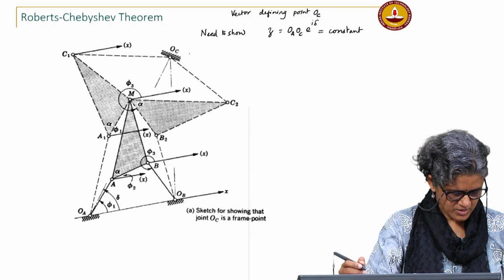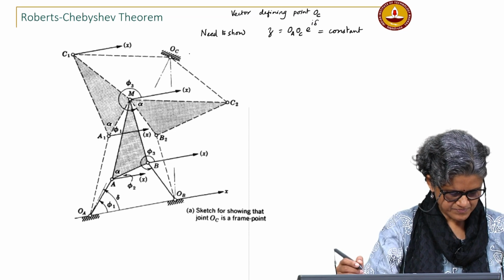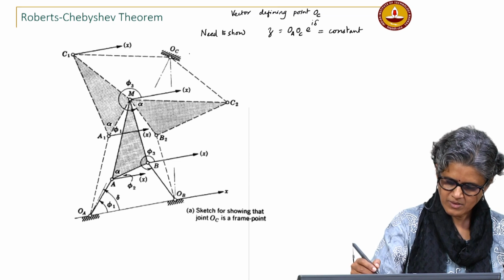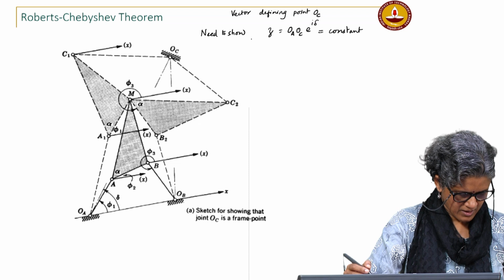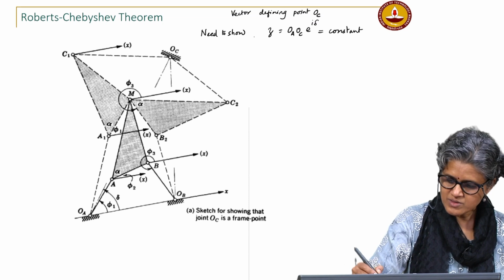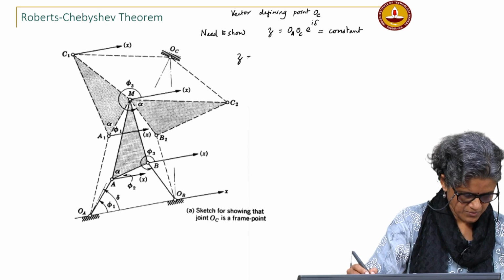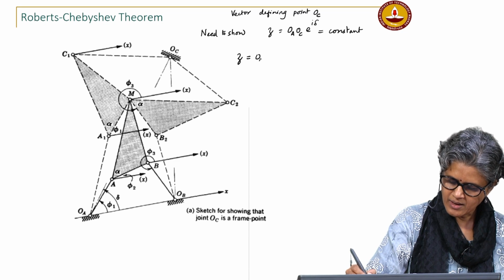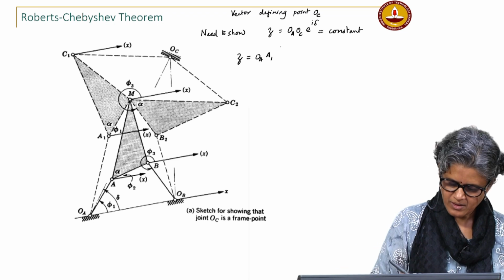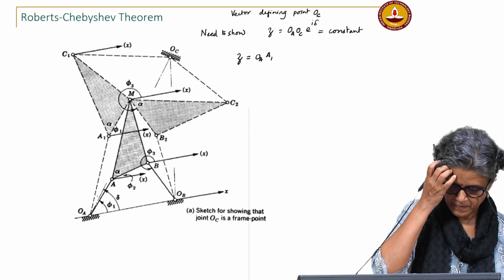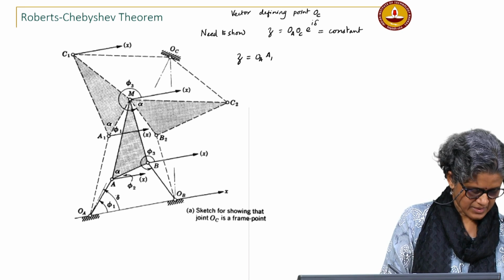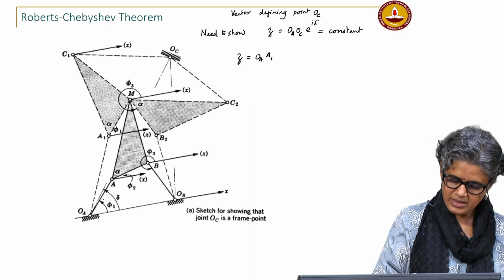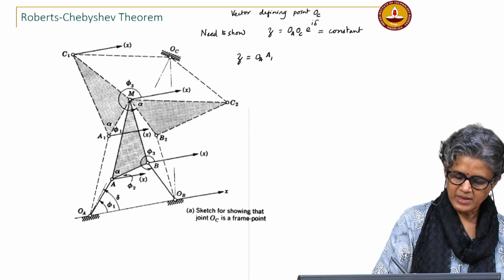Okay. So, let us look at this vector z. I can write this as z equal to OA A1, e power I phi 1, and it is parallel to AM.